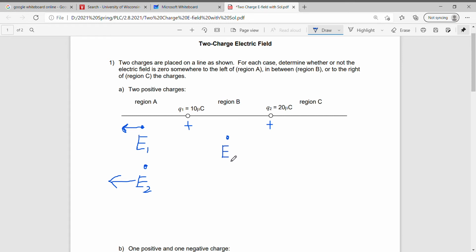And here, in the middle region, E1 points to the right, because the positive charge Q1 is on the left, and E2 is generated by the second charge, so it's pointing to the left. So the question is: is there a position in the middle where these two vectors have the same magnitude but opposite direction?